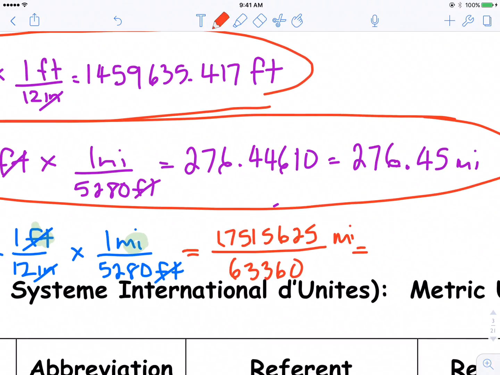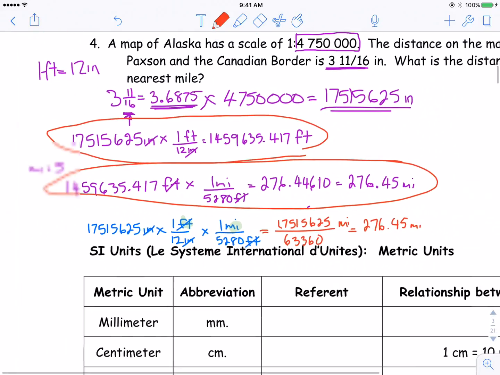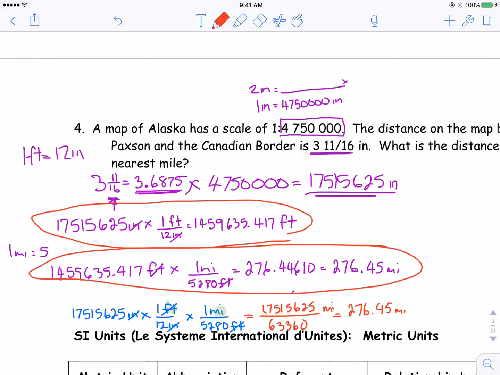Simply divide that, I get 276.45 miles. So I get to exactly the same place, okay? Using conversion factors in one step is sometimes a little bit easier or better to do because it's one simple long conversion as opposed to a number of different steps.